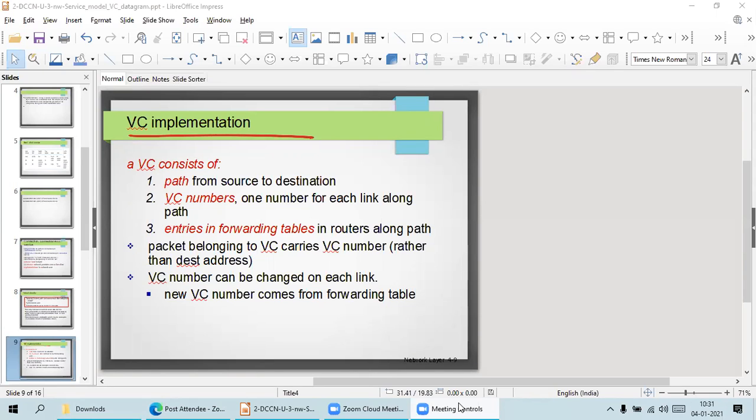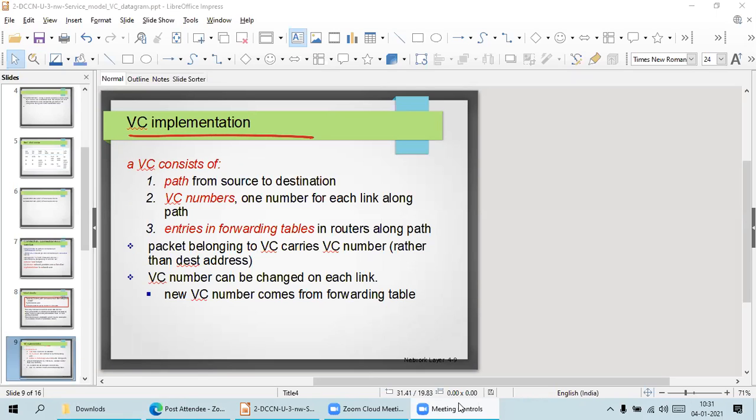After establishing, I may use different paths rather than this virtual circuit. So that's the reason you have to use the virtual circuit number only, not the destination address. The virtual circuit number can be changed on each link. Every time I use different links, each link will have a different virtual circuit number.